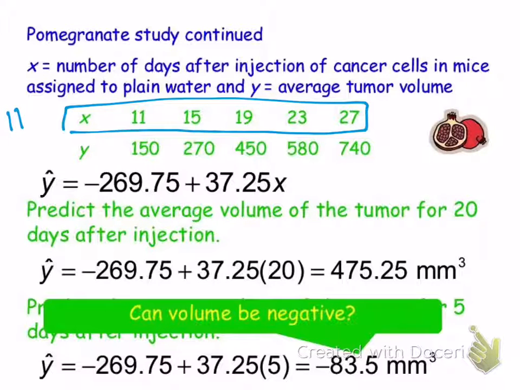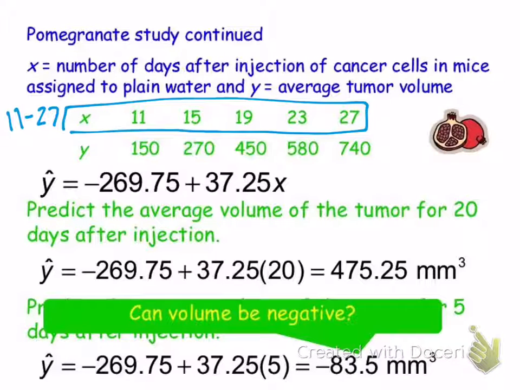And what is my largest? 27. So I can only predict X values from 11 to 27. I can't predict 28, I can't predict 10, because my LSRL becomes no longer accurate or relevant. It is only within those two bounds. So I cannot predict anything outside of 11 or 27.